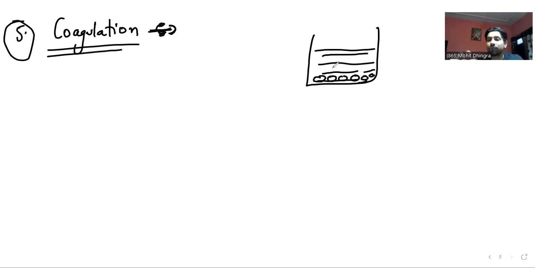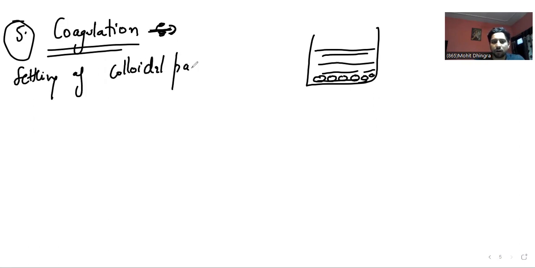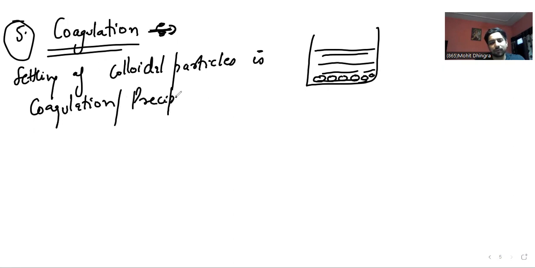When the particles of the dispersed phase settle at the bottom, that property of settling is called coagulation, and it is also called precipitation.